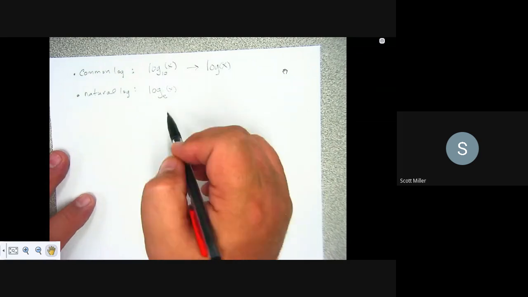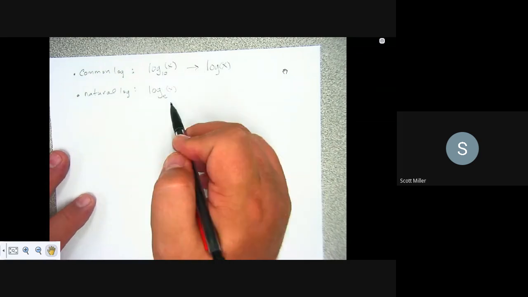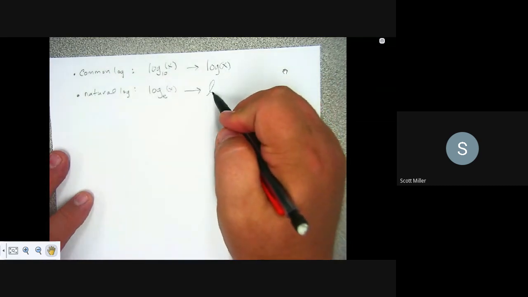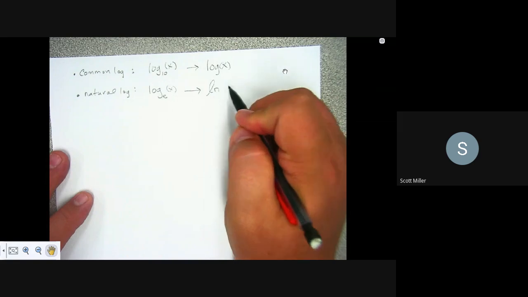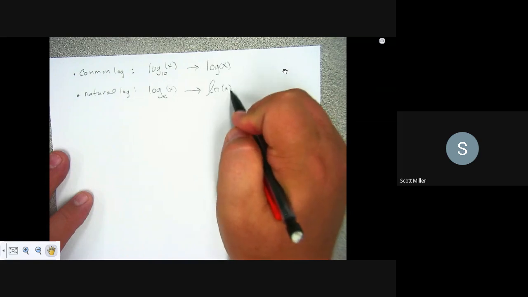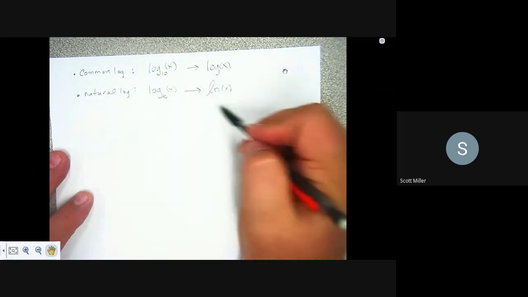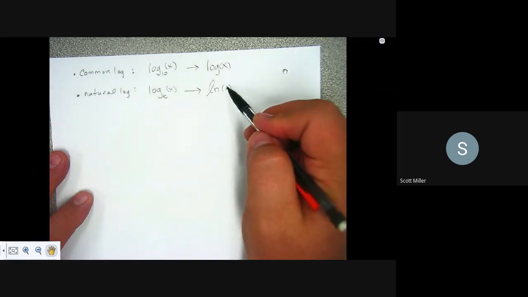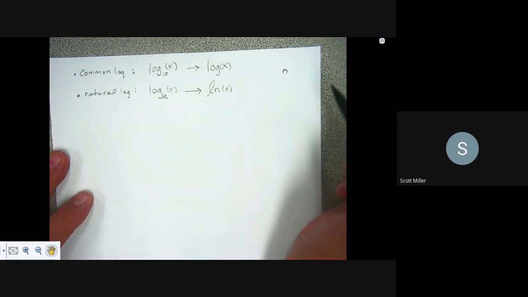If they write that, it's only because they're showing you this for the first time, and then they will automatically write LN of x, and I use a lowercase cursive l. Natural logs are always written this way, with a lowercase l and an n. I recommend you write it this way so that you do not get it confused with anything else.